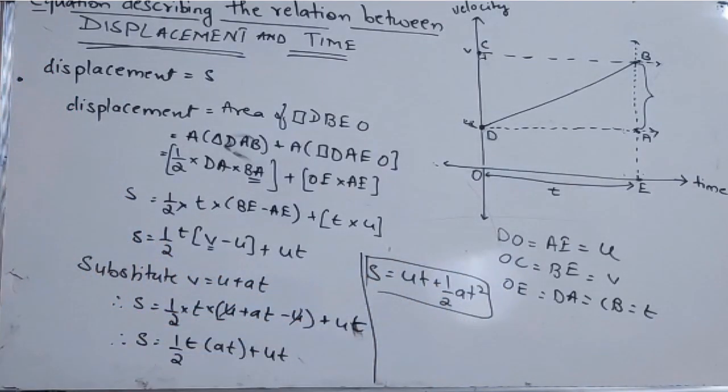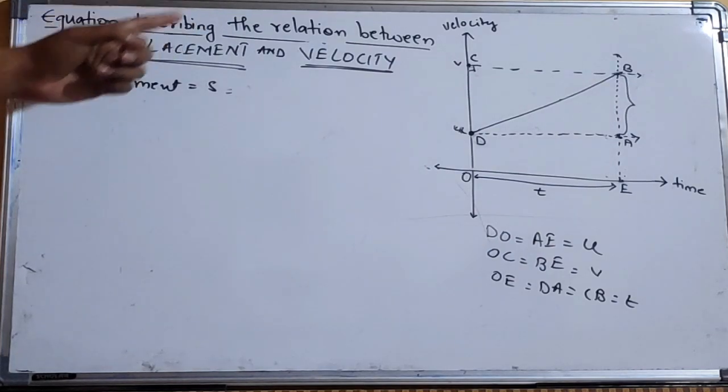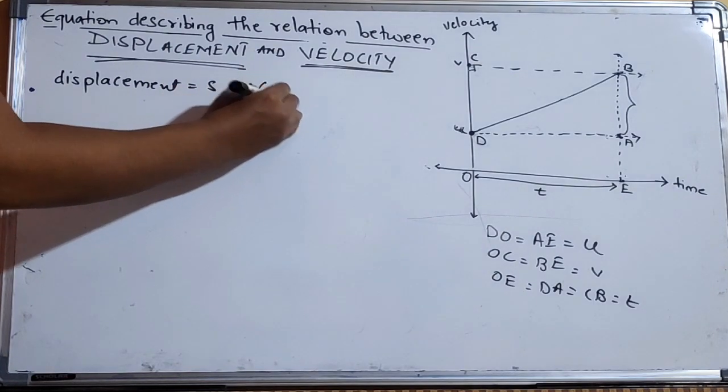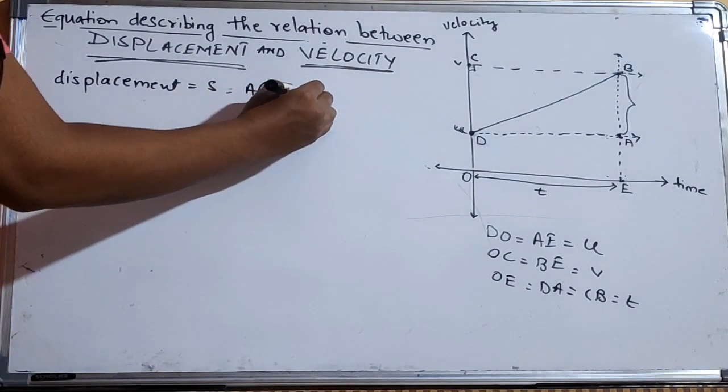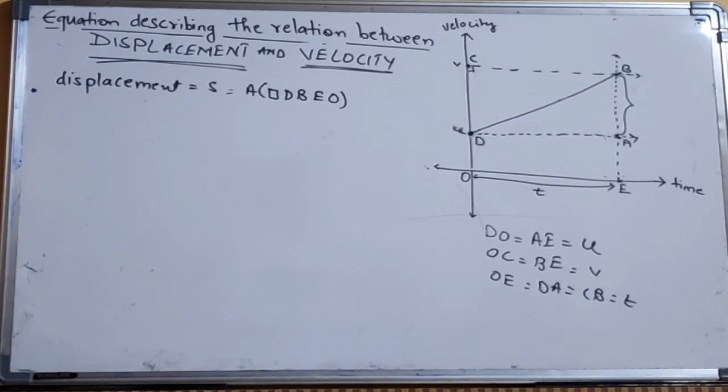So students, this is one more way to derive the equation between displacement and time graphically. Students, let us now derive the equation describing the relation between displacement and velocity. We know the displacement S of this object is given by the area of quadrilateral DBEO. Now quadrilateral DBEO is a trapezium.